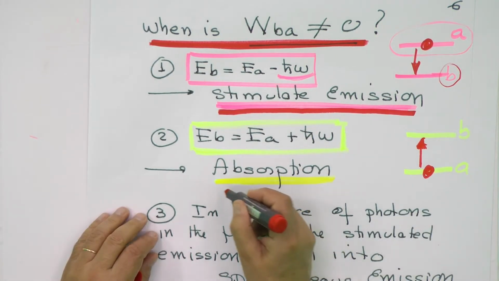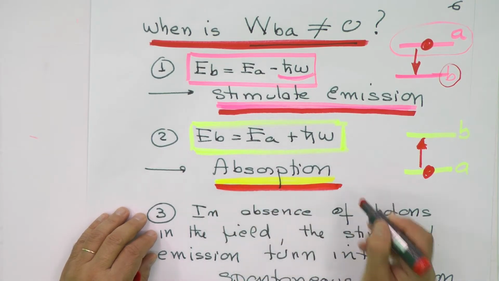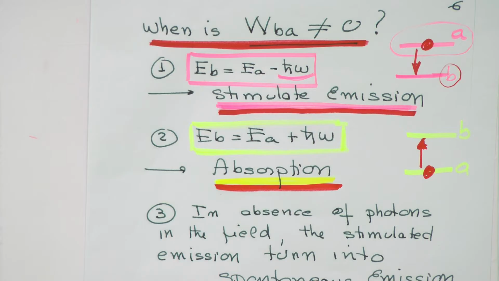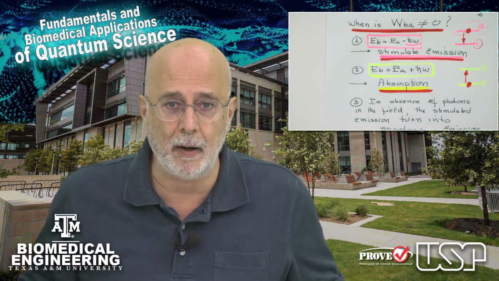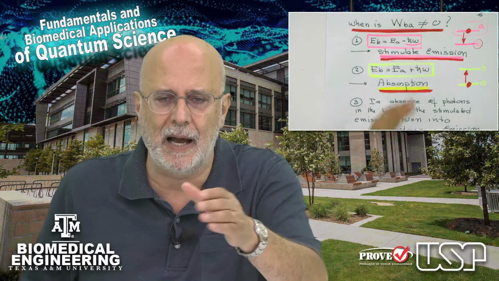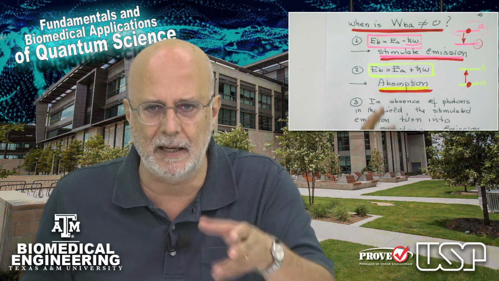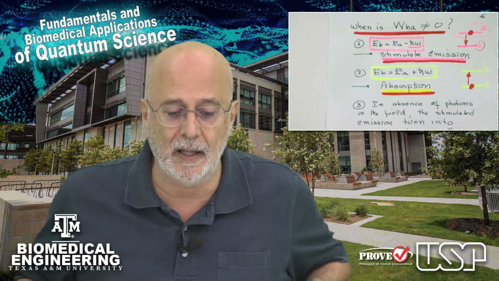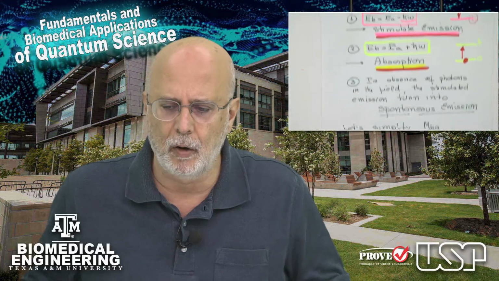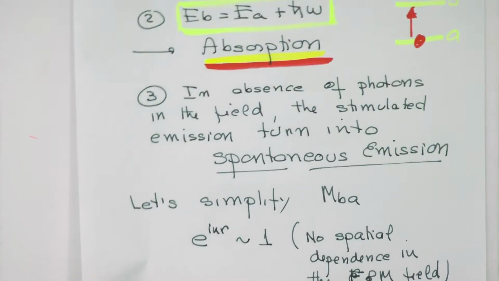And that's the absorption. We work a lot with absorption in applications, especially in biomedical, because basically what we're doing all the time is sending light. When we look into the microscope, we send light and we see the light disappearing. Of course, you can also use stimulated processes to observe things.